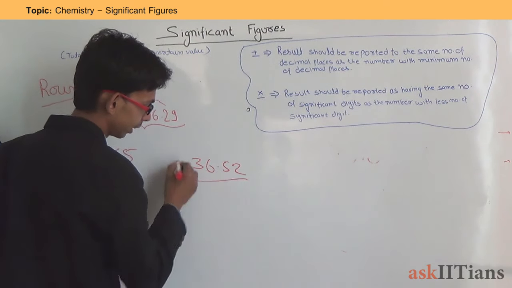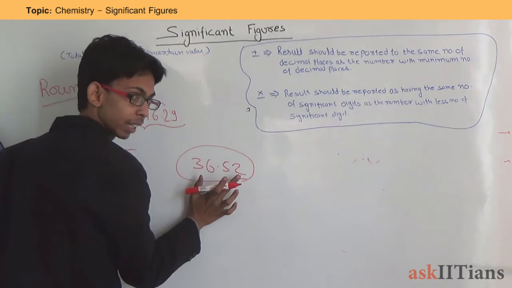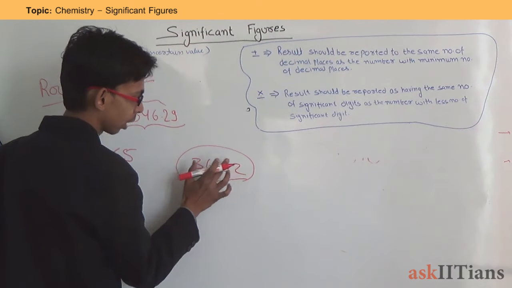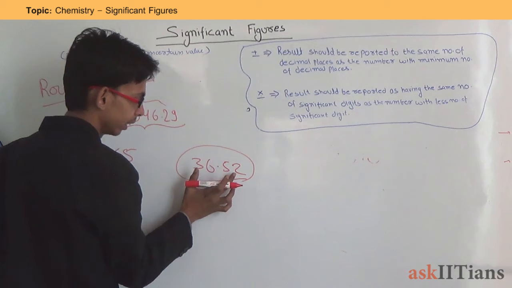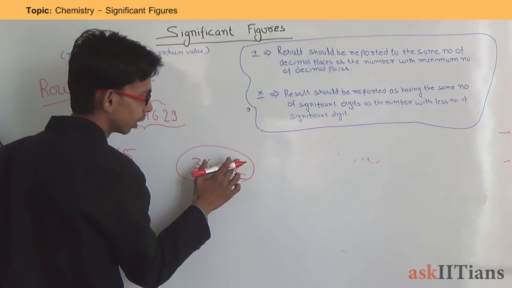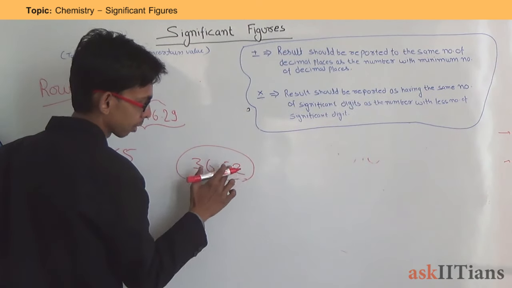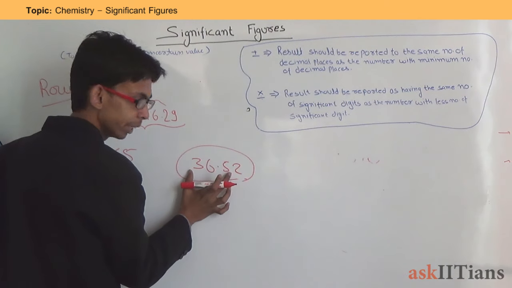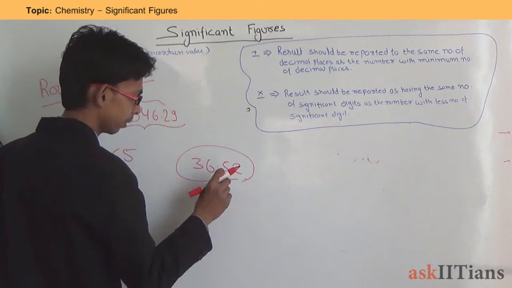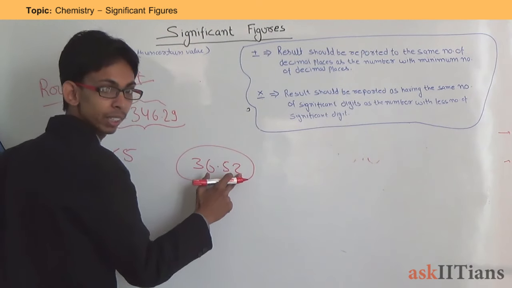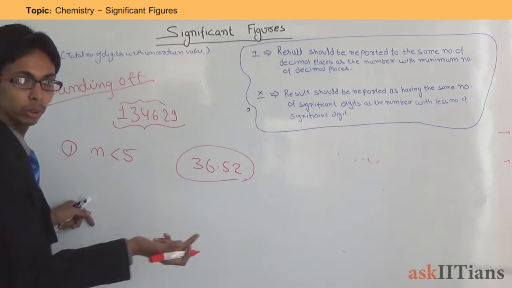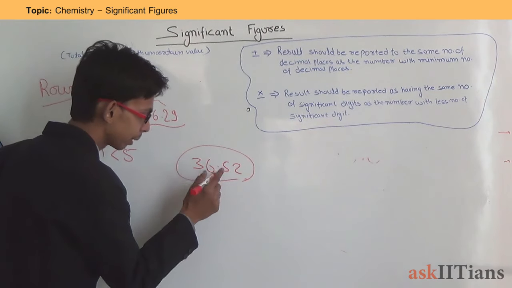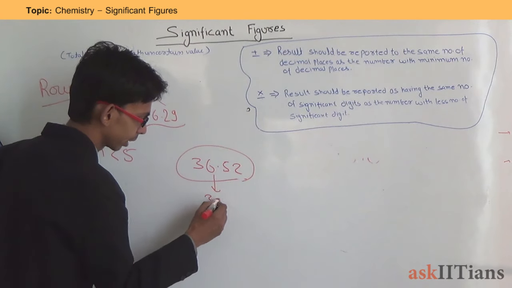36.52. In this, there are a total of 4 significant digits. We want to round it off up to 3 only. Then we will have to remove this 4th significant digit. So what we see is that the 4th significant digit is 2. It is less than 5. So we can simply write it in the form of 36.5.